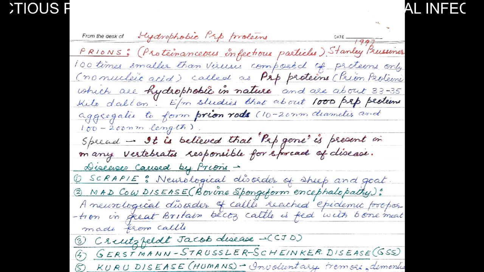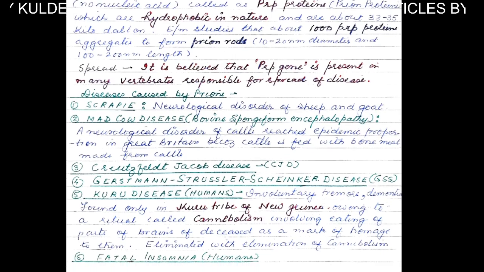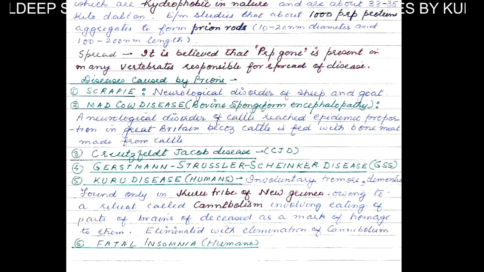Now I would like to mention the diseases which are caused by prions. The first one is scrapie disease, which is a neurological disease of sheep and goat. Another disease which is caused in cattle is mad cow disease, also named bovine spongiform encephalopathy.